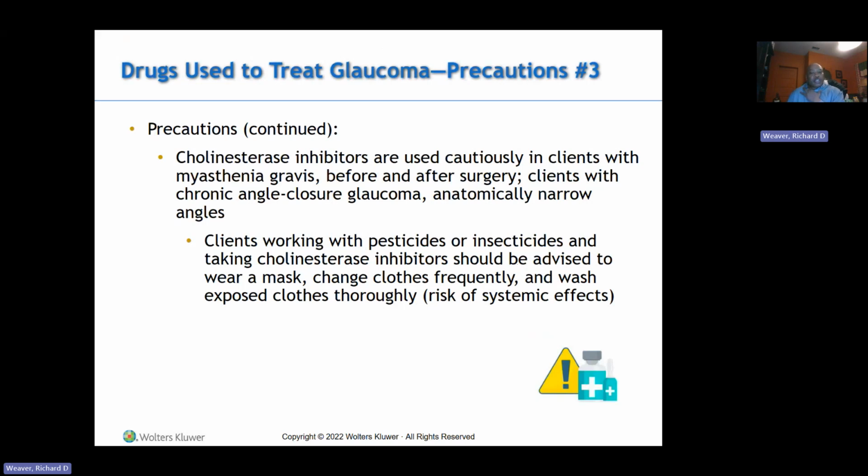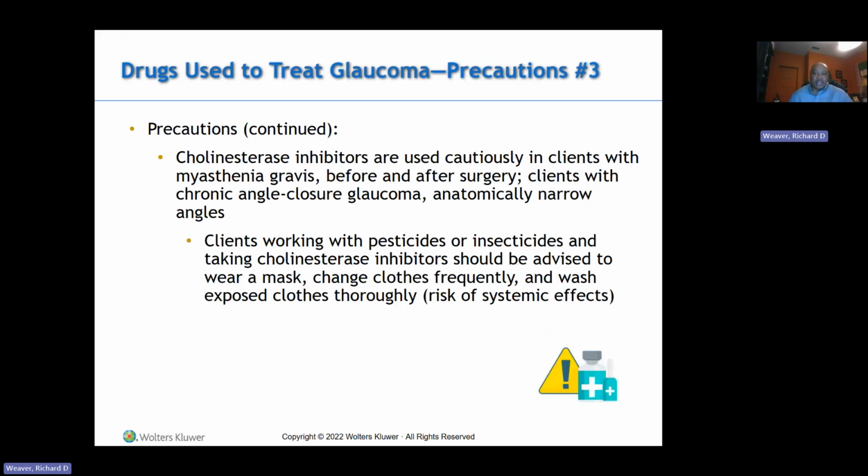Also, individuals such as farmers, warehouse workers, and gardeners working with carbamate or organophosphate insecticides or pesticides are at risk for systemic effects of cholinesterase inhibitors from absorption of the pesticides or insecticides through the respiratory tract or the skin.